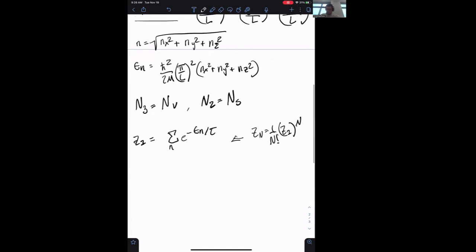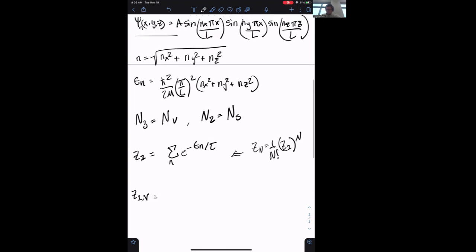So we just have to plug in now for the 3D case. One particle in the volume is going to have a partition function that looks like this.